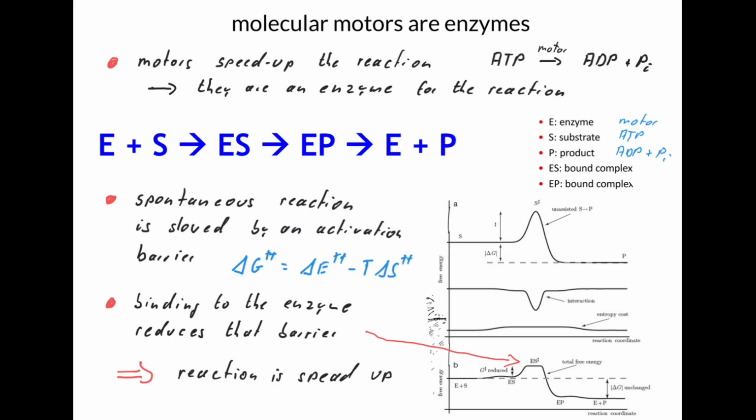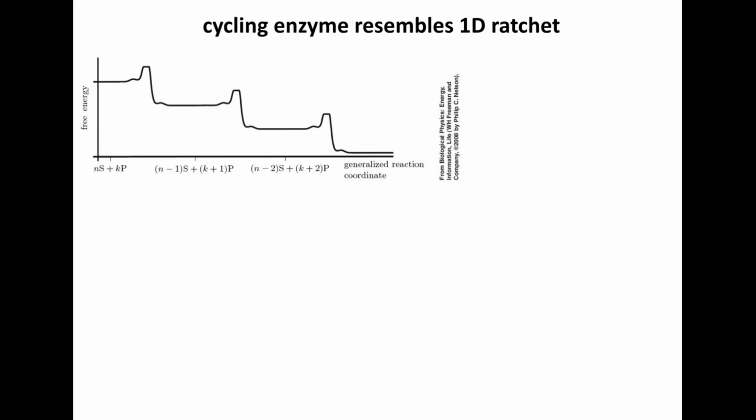Hence, this one activation barrier that we just described is repetitive, and we can construct a 1D energy landscape that will roughly look like this. We have a stepwise motion, but before each step, there's a little bump in the free energy.